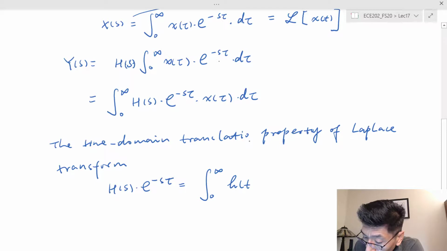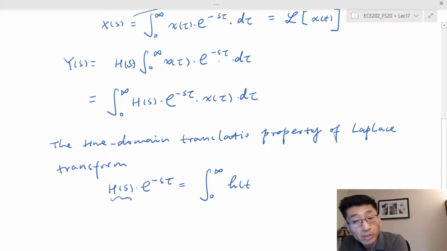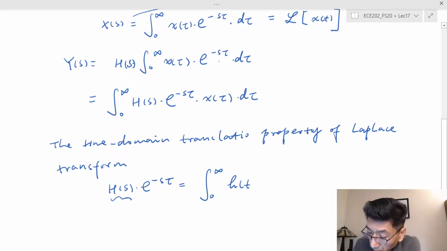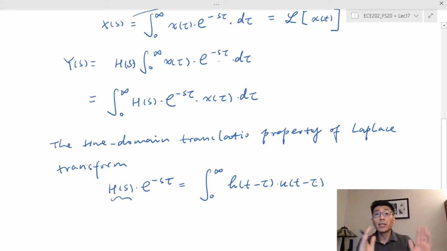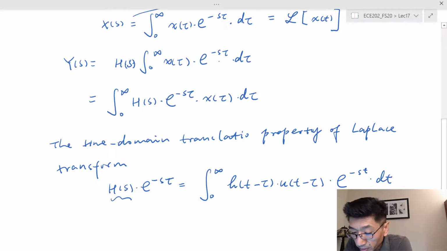So H(s) is the Laplace transform of h(t), and for h(t minus tau) we also need to multiply by u(t minus tau). So basically h(t) delayed by tau, times e to the minus st dt. That's based on the time domain translation property, right?